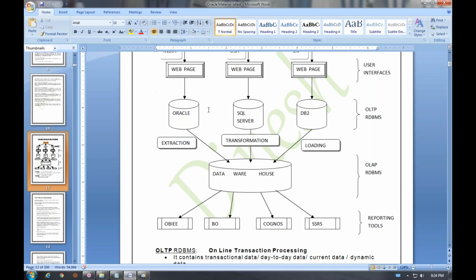They will extract data from OLTP systems. For Informatica developers, OLTP systems are known as sources. Target is the data warehouse. So extract data from OLTP, apply changes if required, and finally load data into the data warehouse. I hope you understand.